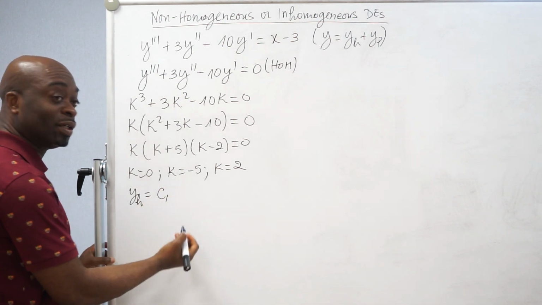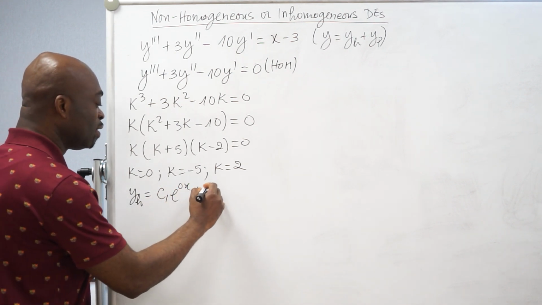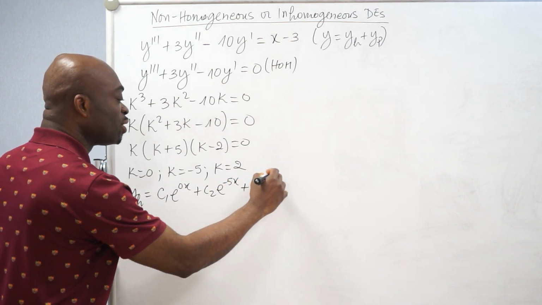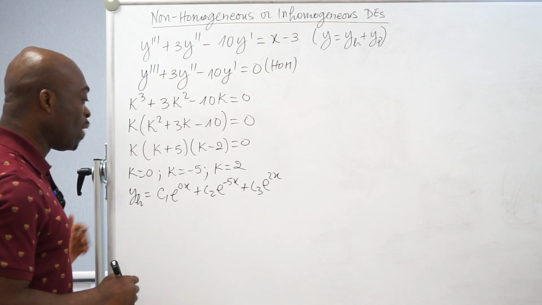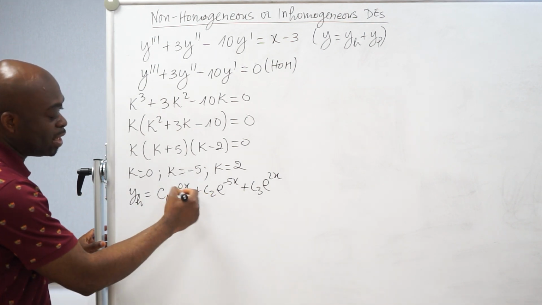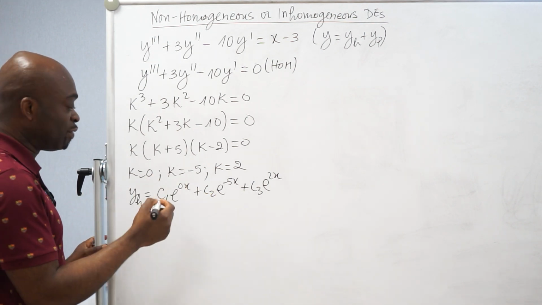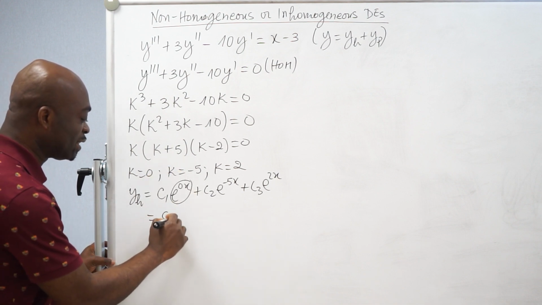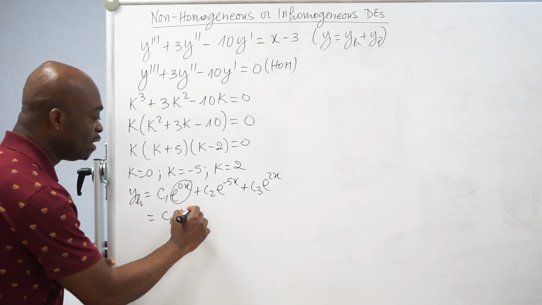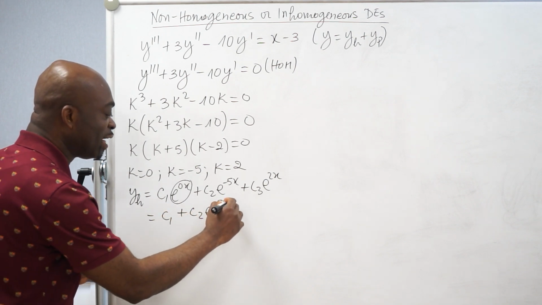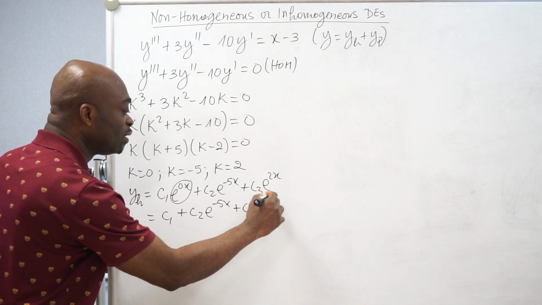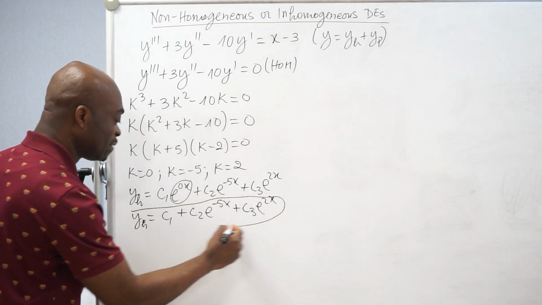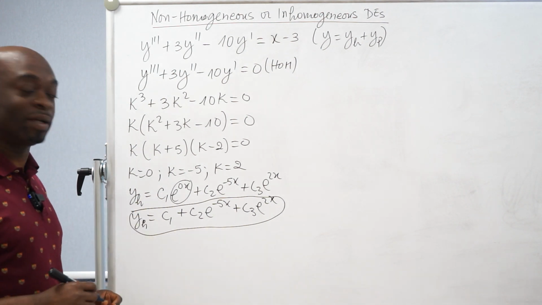It would be c1 e^(0x) + c2 e^(-5x) + c3 e^(2x). Since 0x is 0, e^0 gives us 1, correct? So we end up with c1 only, plus c2 e^(-5x) + c3 e^(2x). And this is our y sub h. So we're done with this.